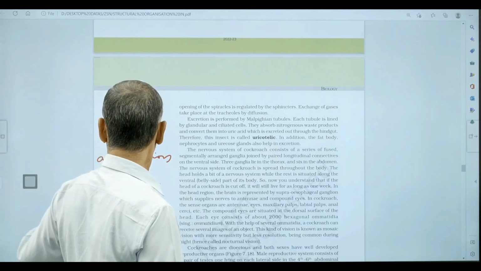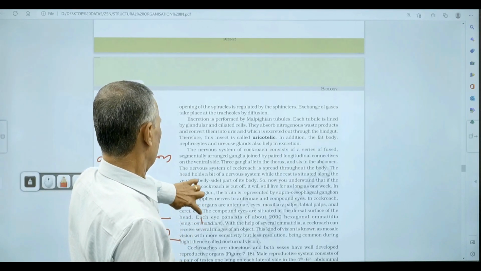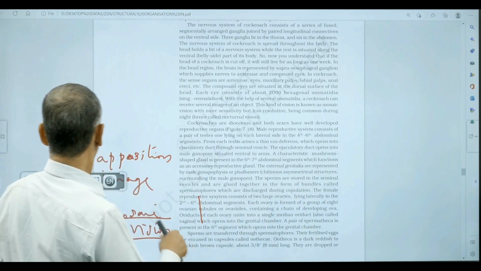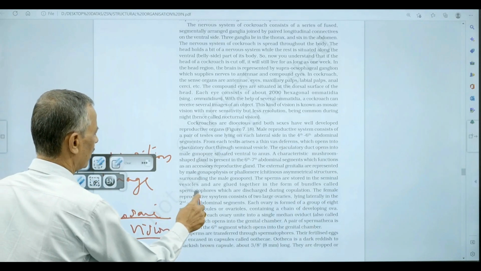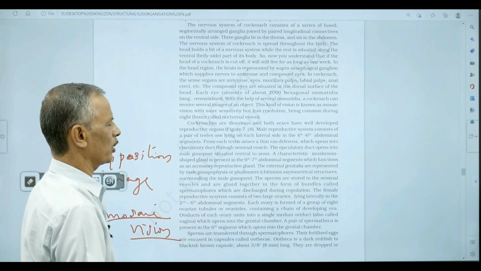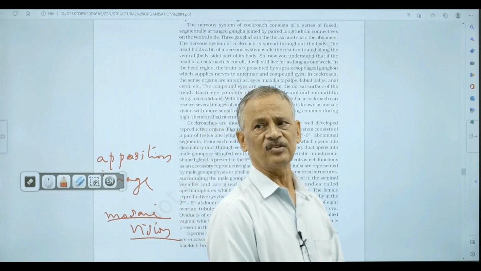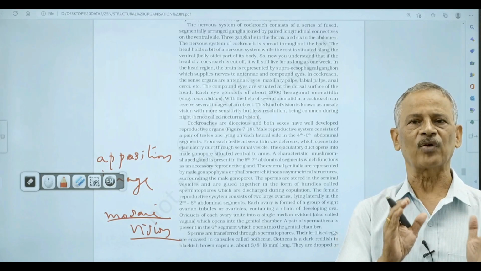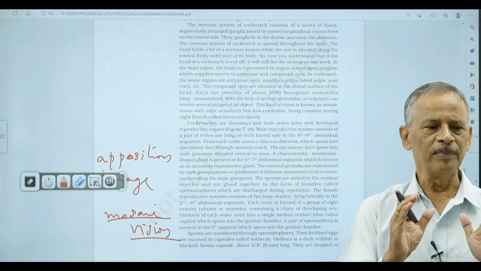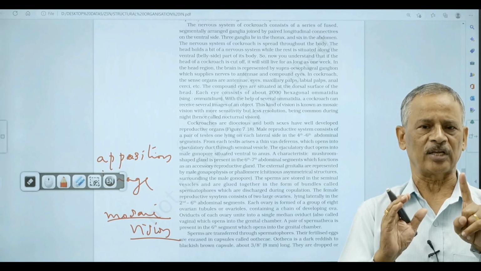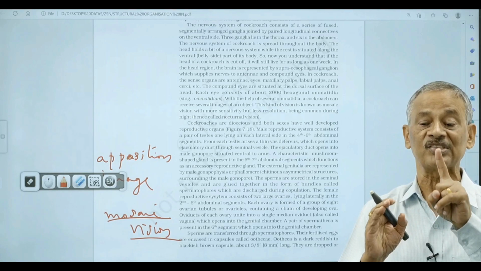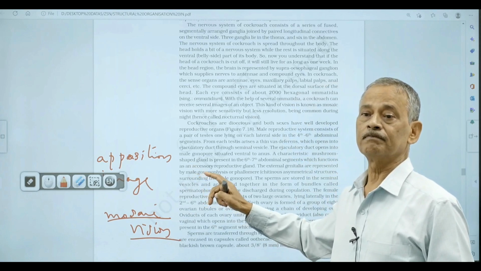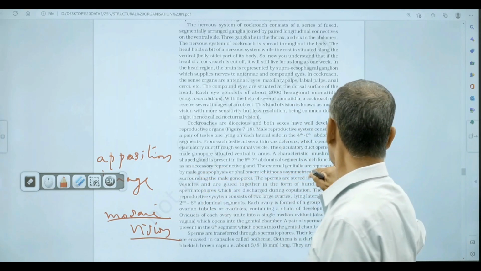Now, cockroaches are dioecious, meaning you have male and female organs in two different individuals, and there are small differences by which we can distinguish a male from a female. A female has only one pair of structures called anal cerci, which are sensory, for hearing, whereas males have two pairs of structures.